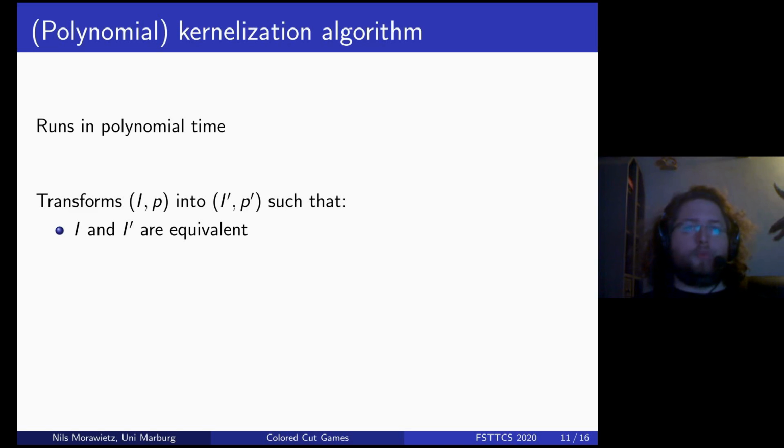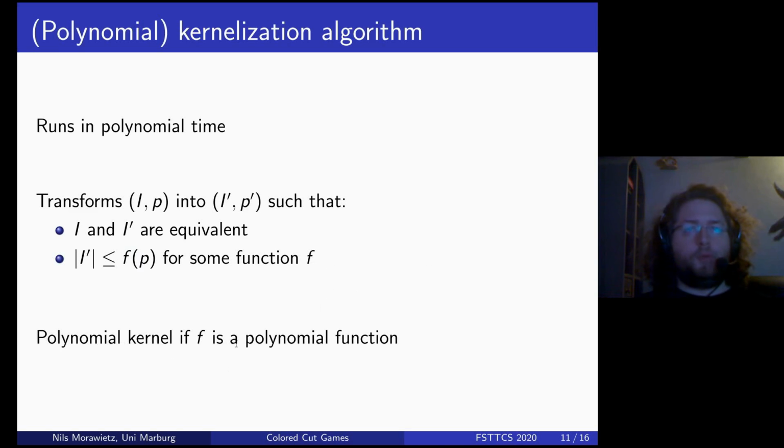So the defender has a winning strategy in I if and only if the defender has a winning strategy in I'. And the size of I' is never larger than f(p) for some function f. We call f(p) the kernel size. If f is a polynomial function, then we call this whole algorithm a polynomial kernelization algorithm.